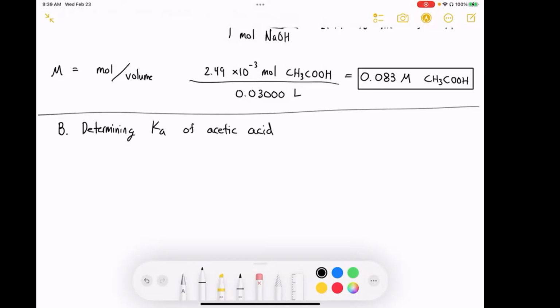So there's three parts. Determine Ka of acetic acid prior to titration. So let's do that.